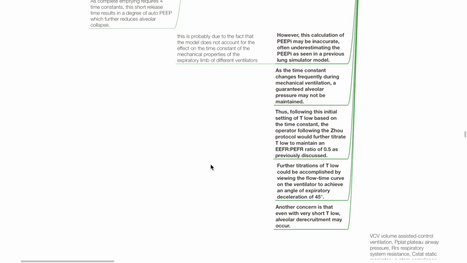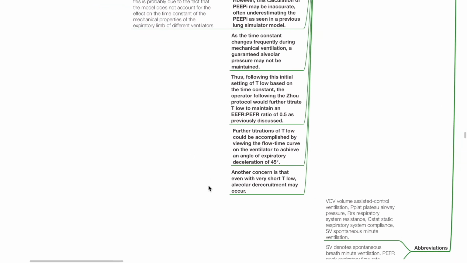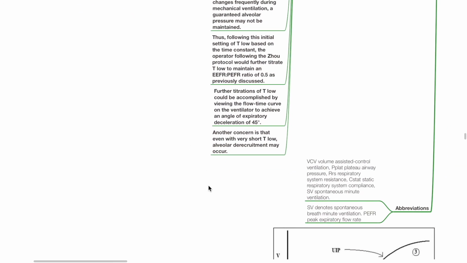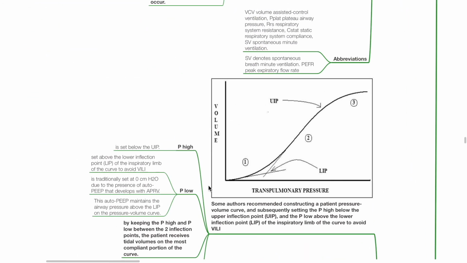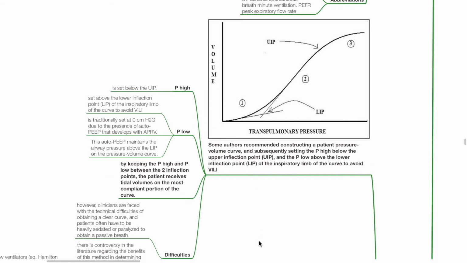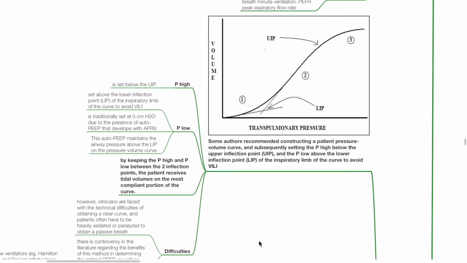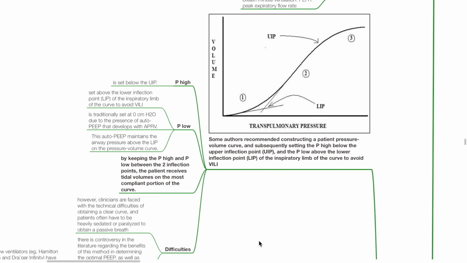Another concern is that even with a very short T low, alveolar de-recruitment may still occur. Other strategies: some authors recommended constructing a patient pressure volume curve and subsequently setting the P high below the upper inflection point and the P low above the lower inflection point of the inspiratory limb of the curve to avoid ventilator-induced lung injury.